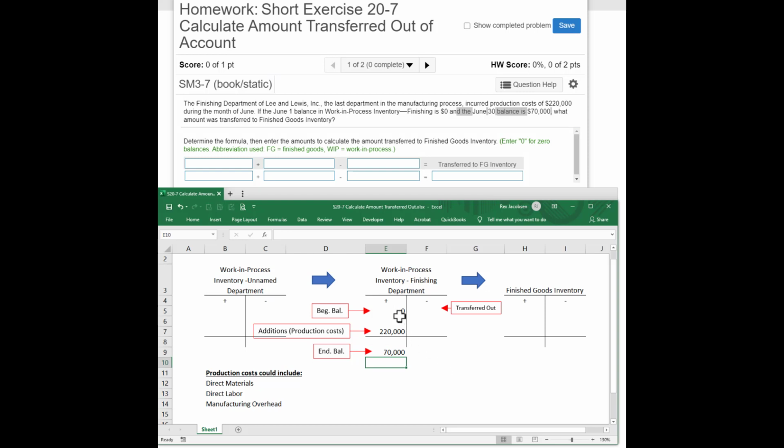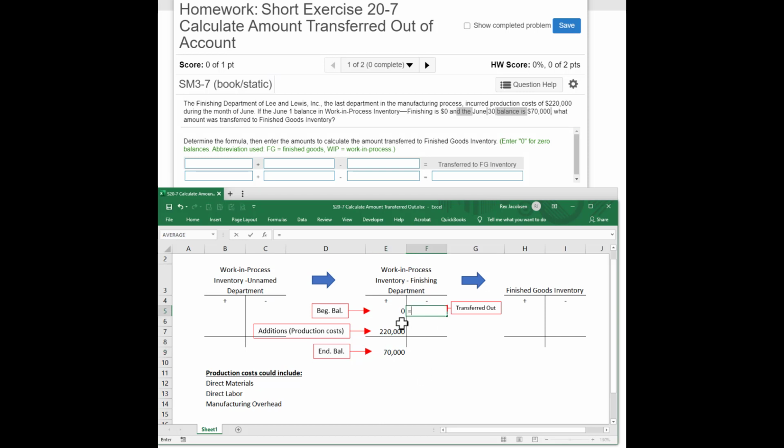All right, so we had 0 costs to begin with. We added $220,000, and we ended up with $70,000. How much was transferred out? We're going to take this plus this, add these two, the costs to account for, and then subtract the ending balance.